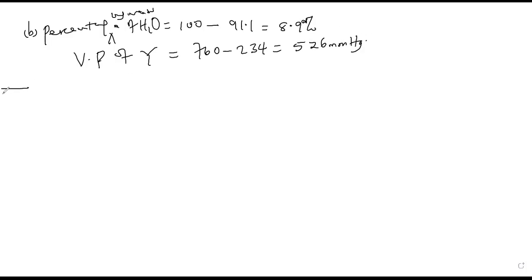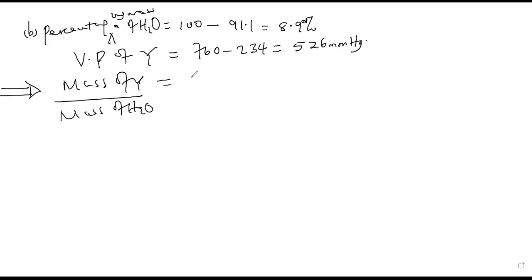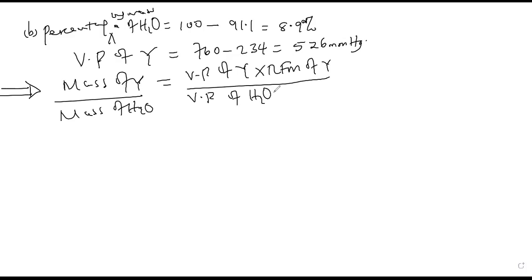Then now we substitute into the formula. It will be mass of Y over mass of water is equal to vapor pressure of Y times relative formula mass of Y over vapor pressure of water times the relative formula mass of water.